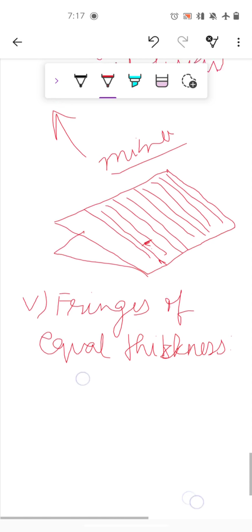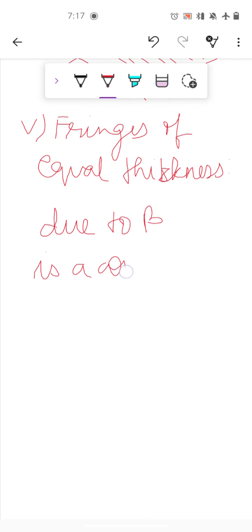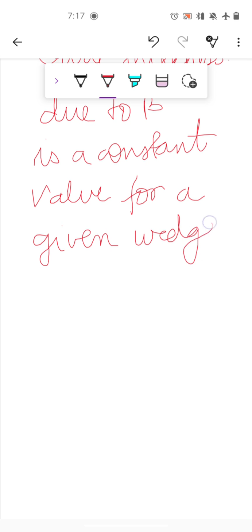This is due to beta being a constant value for a given wedge. Okay, so this is all about the wedge shaped film.